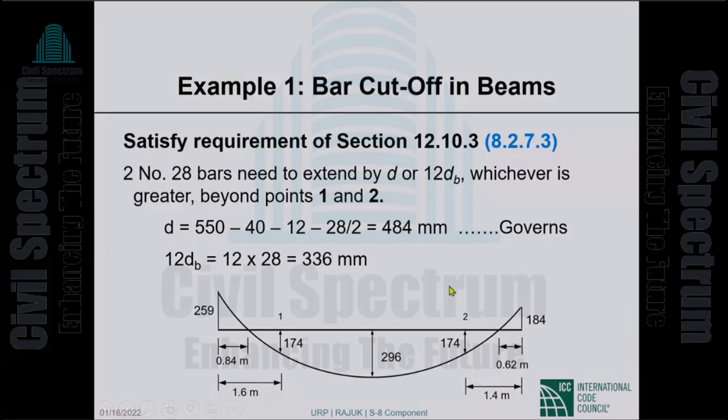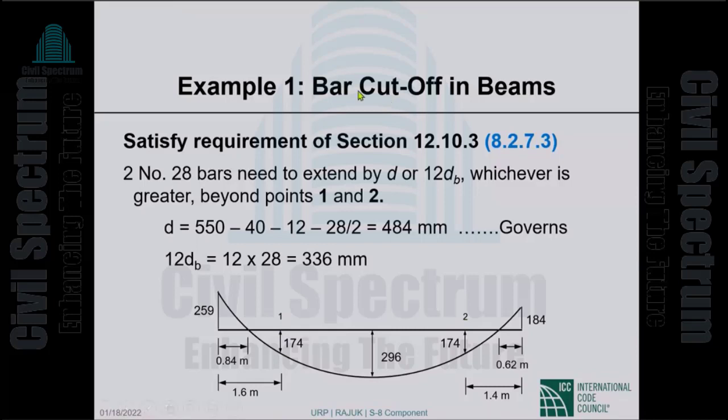So two number 28 bars need to extend by d or 12 bar diameters, whichever is greater, beyond points 1 and 2. So theoretically it can be cut off here and there because we have enough moment strength coming from the remaining two number 25 bars, but we have to go beyond the theoretical point of cutoff by 12 bar diameters or the effective depth.